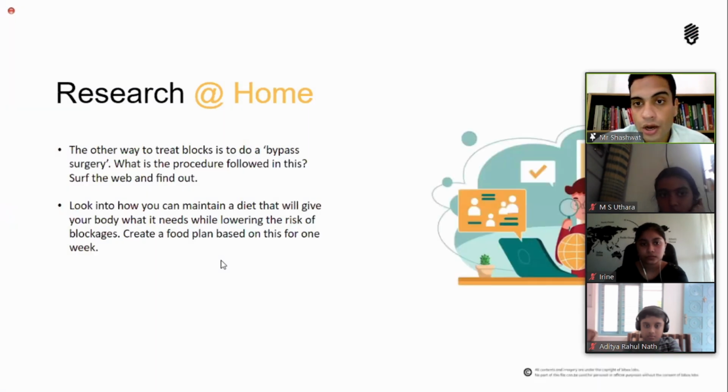Now, coming to your home activity, the first part is research at home. The other way to treat blocks is to do a bypass surgery. You'll research the procedure of this bypass surgery. You can take help from your tried and tested Google. But there is something called Google Scholar. How many of you use it?